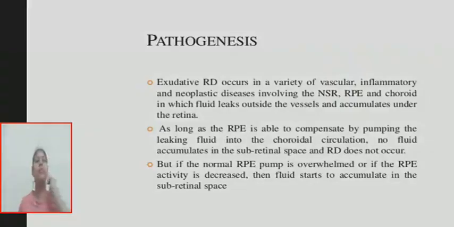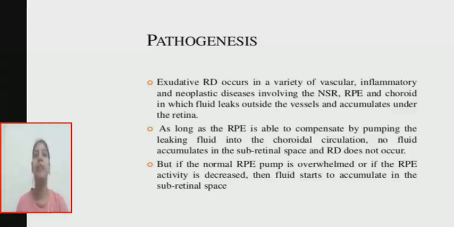Now, pathogenesis of the exudative retinal detachment occurs in a variety of vascular, inflammatory and neoplastic diseases involving the NSR, which stands for neurosensory retina, the RPE, the retinal pigment epithelium, and choroid, in which fluid leaks outside the vessels and accumulates under the retina.